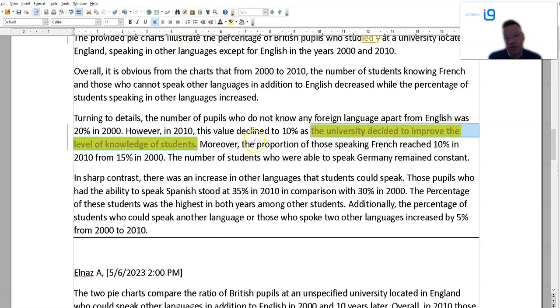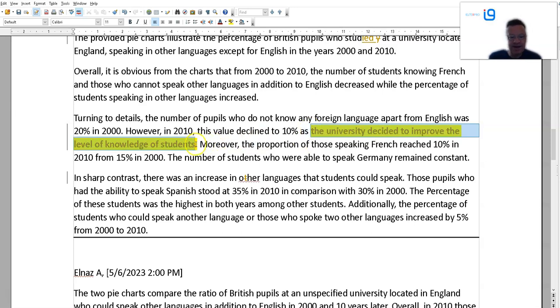They don't want you to make any kind of supposition or guess as to why the figures or data may show what they show. Now, this could well be true, but how do we know this? And it doesn't say in the pie charts. So don't include this kind of stuff.